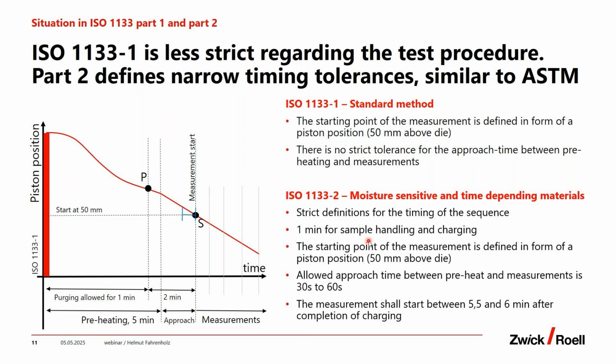Typical materials are, for example, polyethylene terephthalate, PET. You can also use it for polyamides, for example. So all these materials that are not showing a flat MVR diagram.